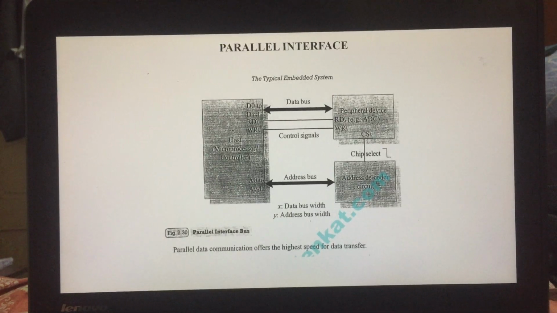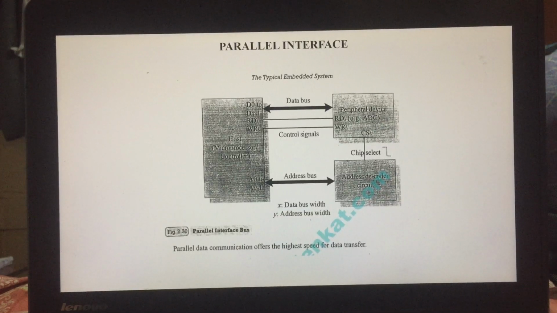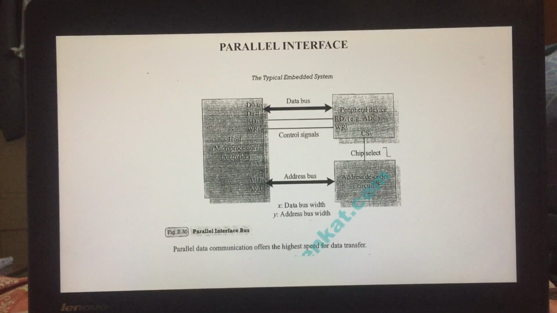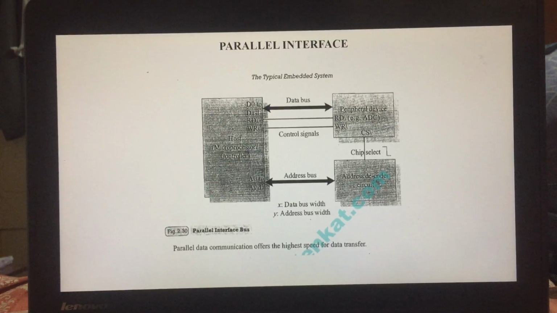Parallel bus means it has a large number of wires bundled together and enables those wires to send the data in parallel. The communication through the parallel bus is controlled by the control signal interface between the device and the host. Control signals can be read or write signal or device select signal.